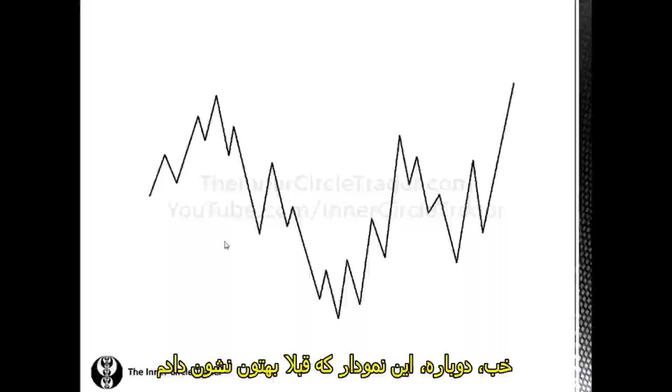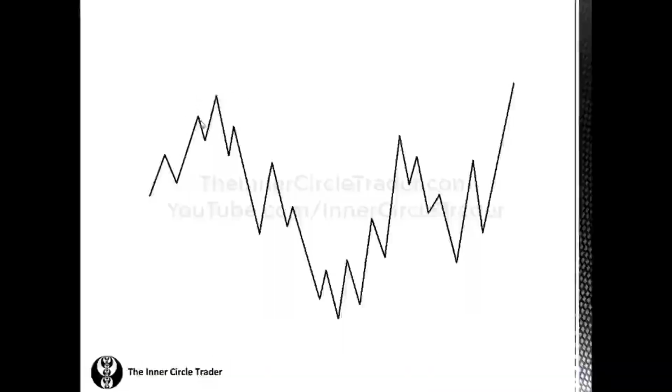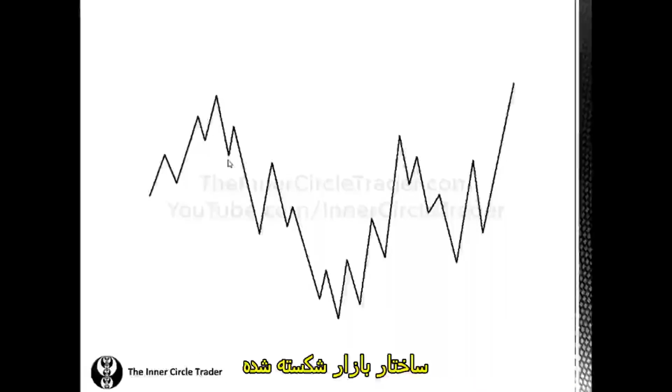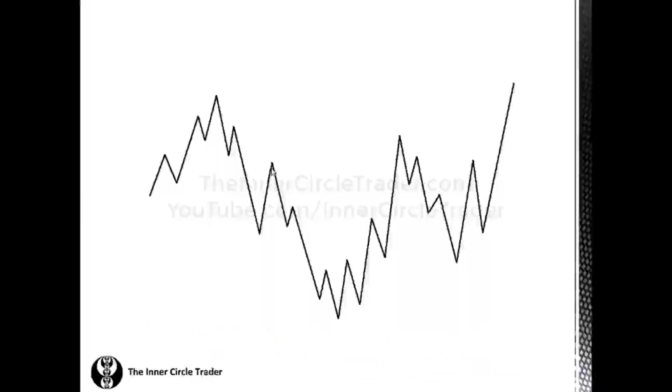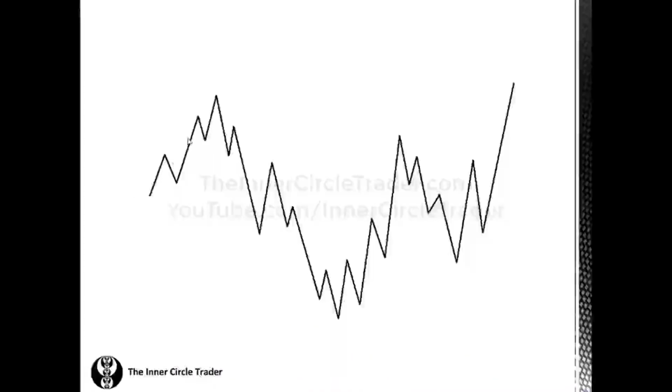Now, again, we've seen this diagram before. Assuming that we have a high up in here reaching into resistance, as price breaks this short-term low here, the market structure is broken. So as price starts to retrace, every time it retraces, we're looking for new selling opportunities. But if we see a previous swing, as we see here, see this price swing here? Okay?